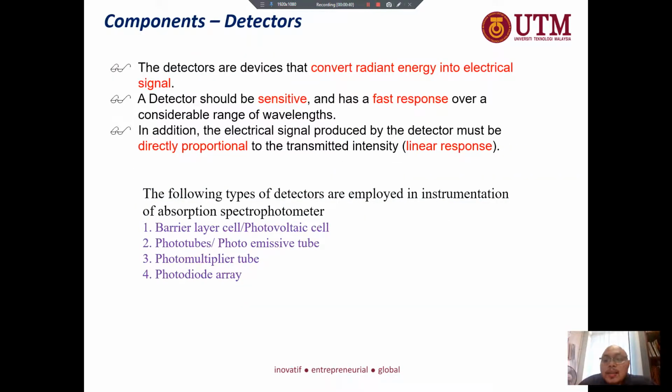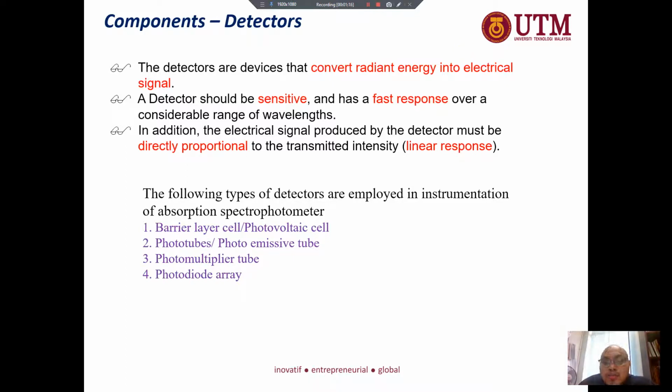Okay, let's say the question asks you like this: please describe the prerequisites for detectors. Prerequisite means the terms and conditions for the detector before it can be used in spectrophotometry. First, it can convert radiant energy into electrical signal. If not, it cannot be a detector.